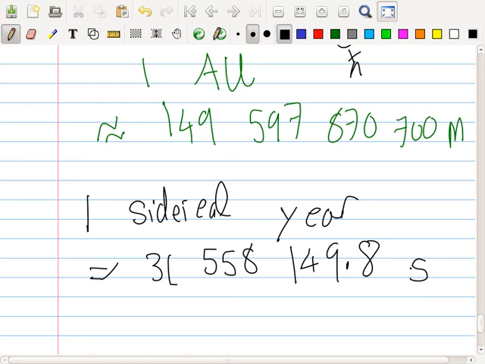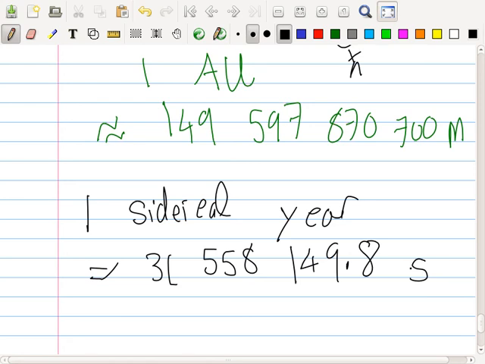So if I use this, 31,558,149.8 seconds, if I divide by 60, I have minutes.